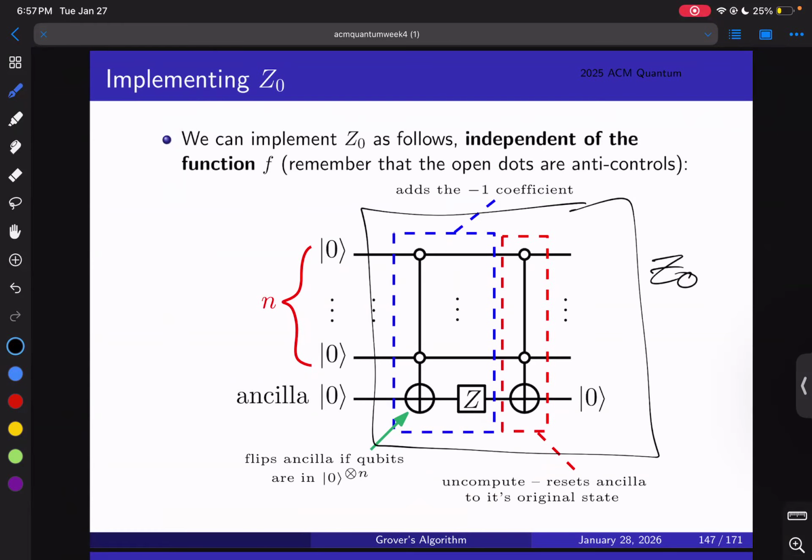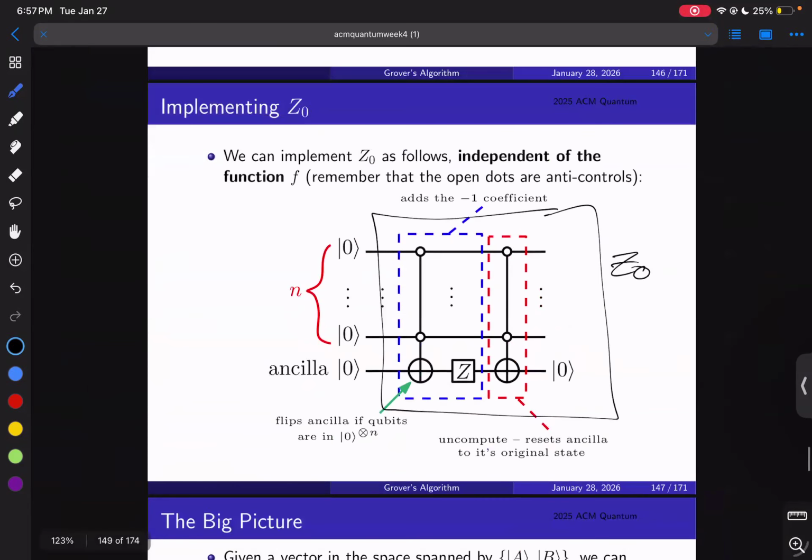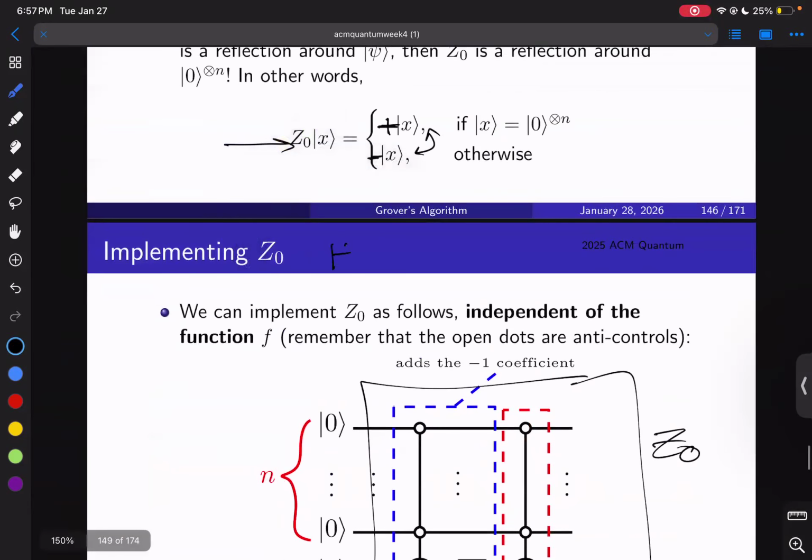Questions on that? This is just the reflection along psi. So this was the reflection along psi. It was H tensor n, Z0, H tensor n.